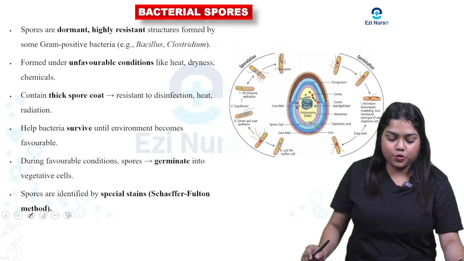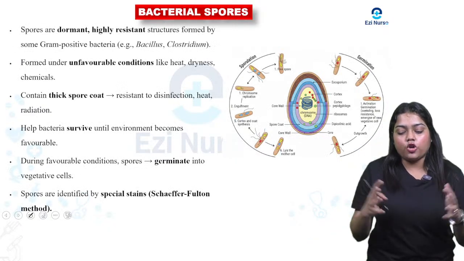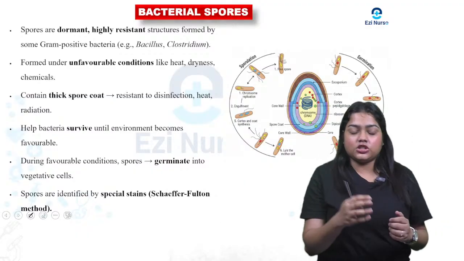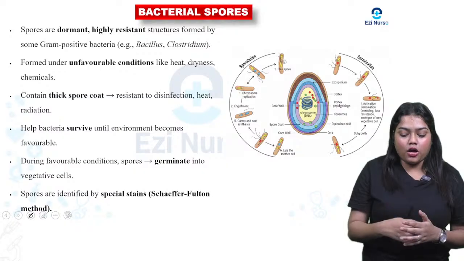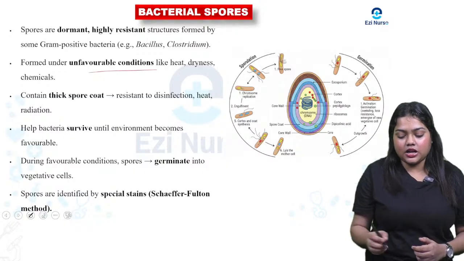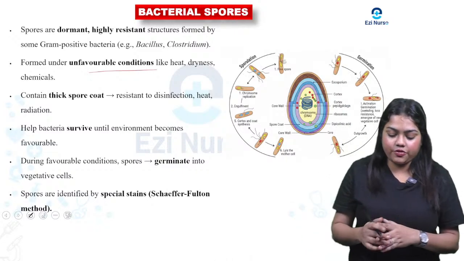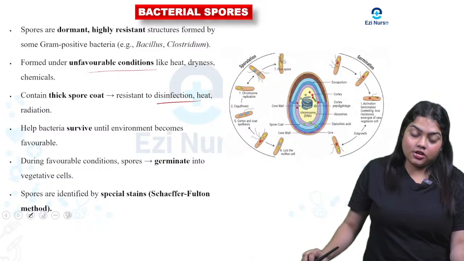Come to bacterial spores. Now bacterial spores are a dormant, highly resistant structure formed by some gram-positive bacteria, which is very hard to destroy, and formed under unfavorable conditions like heat and dryness. It contains a thick spore coat which is resistant to disinfection, heat, even radiation.